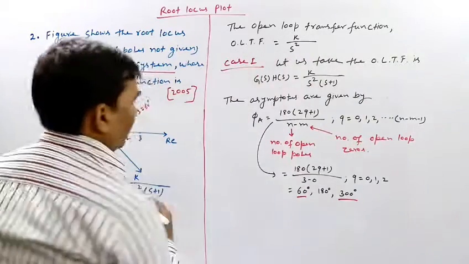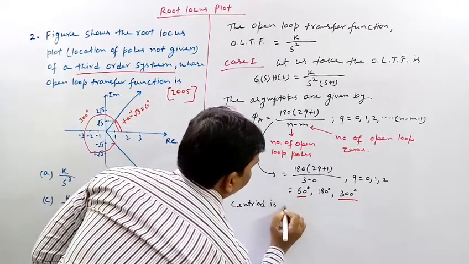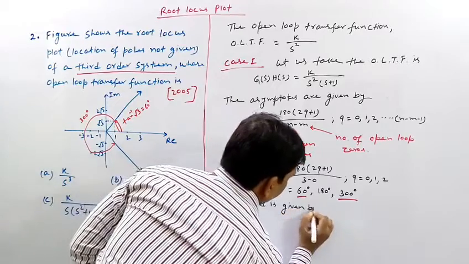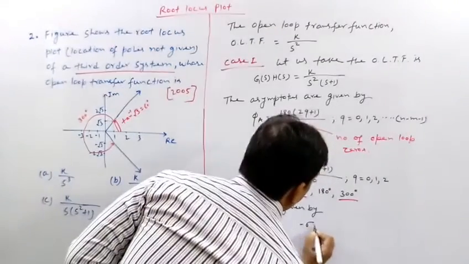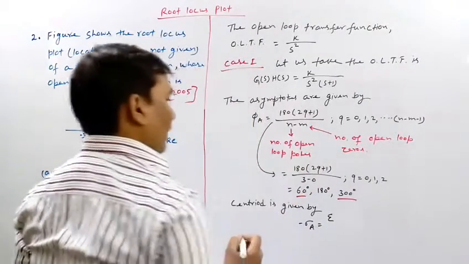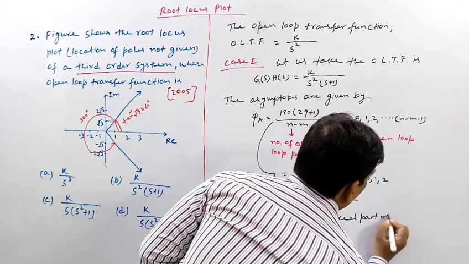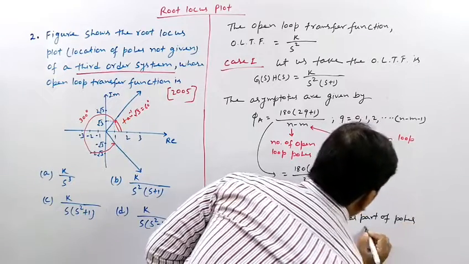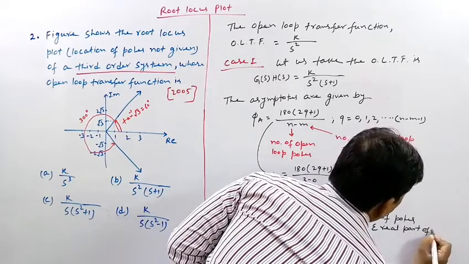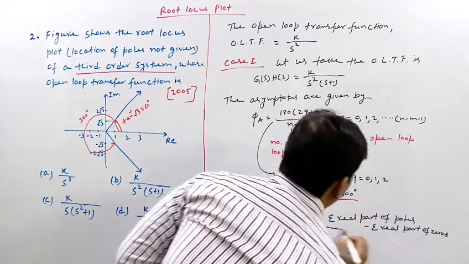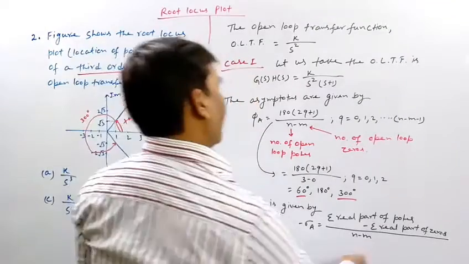So centroid is given by minus sigma a equal to sigma real part of poles minus sigma real part of zeros divided by n minus m, where n is again number of poles and m is again number of zeros.